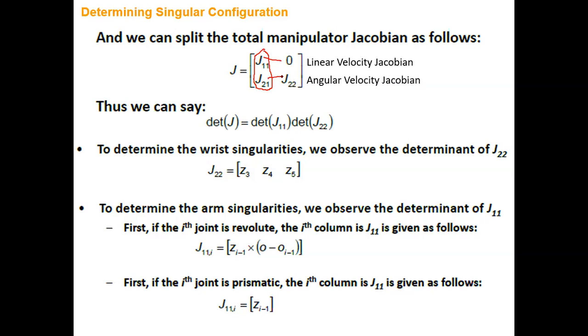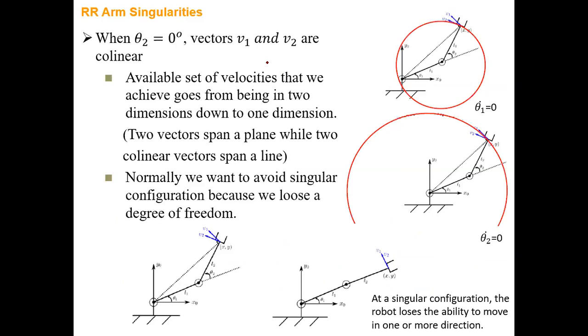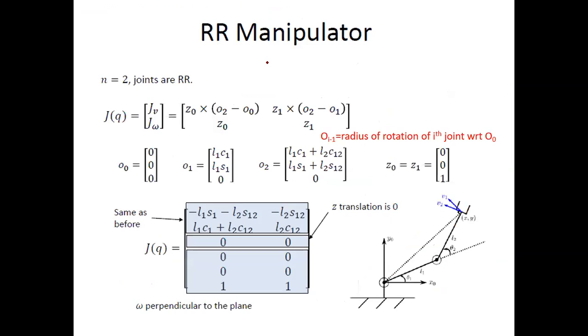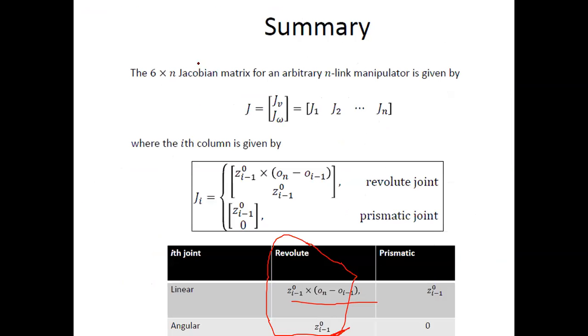So how do you find the linear part of the Jacobian? Go back to the table we have somewhere here. If the joint is revolute, this is the linear part. If it is prismatic, this is the linear part.